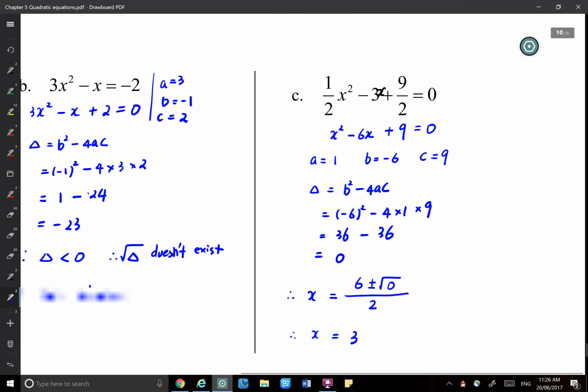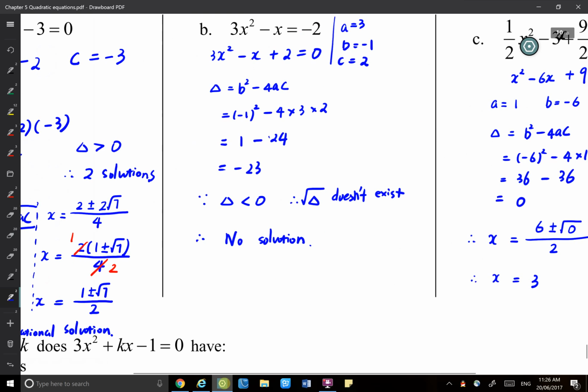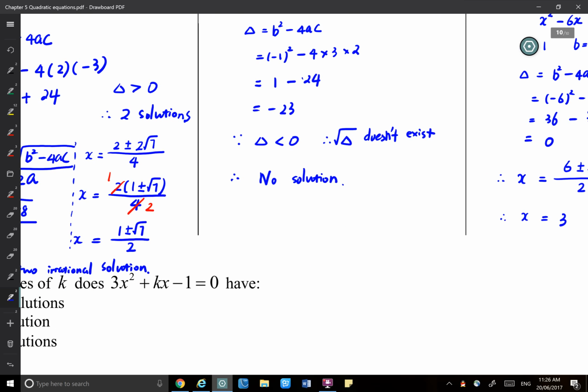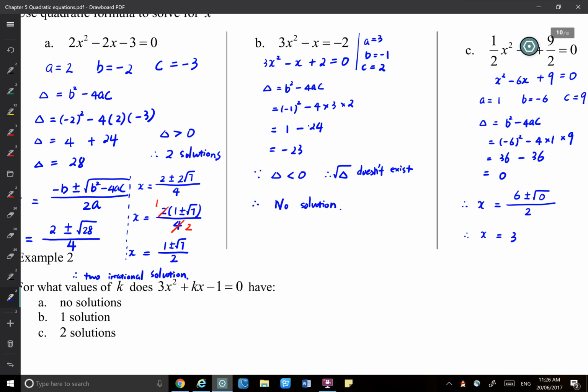Okay, these 3 examples show you 3 cases: 1 solution, 2 solutions, and no solution. Okay, those are the 3 different cases.